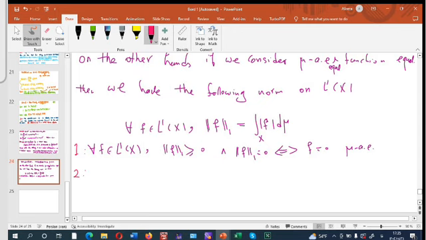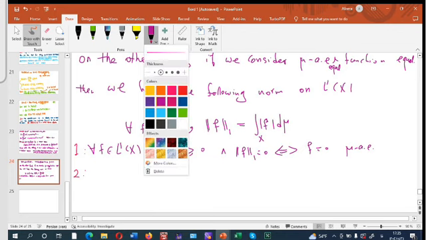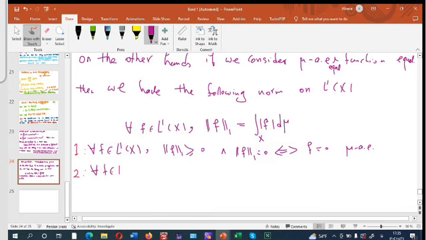Two, for any f in L1 and for any alpha in complex numbers, we have this property that this is equal to this integral, okay?